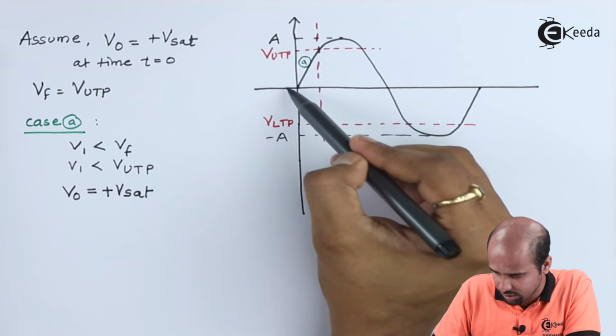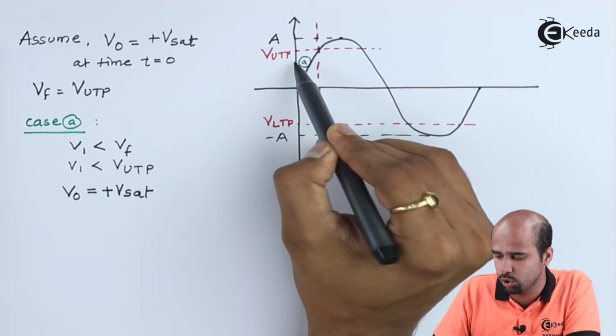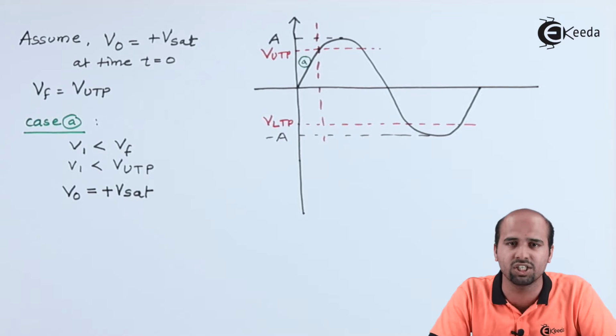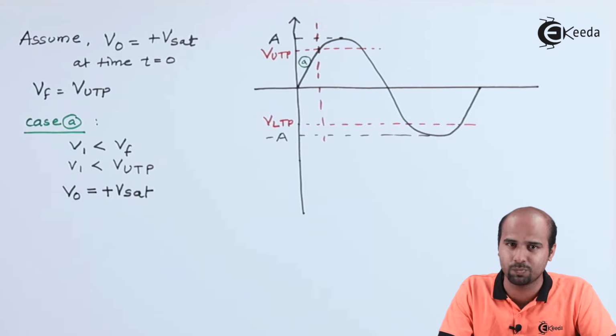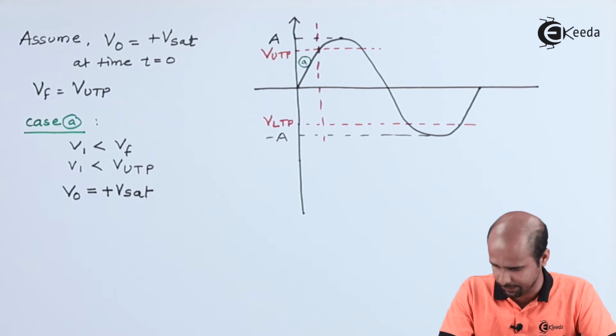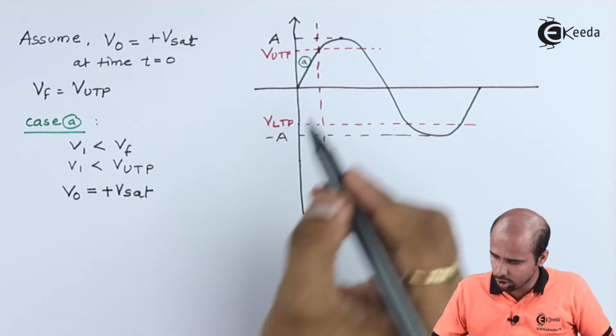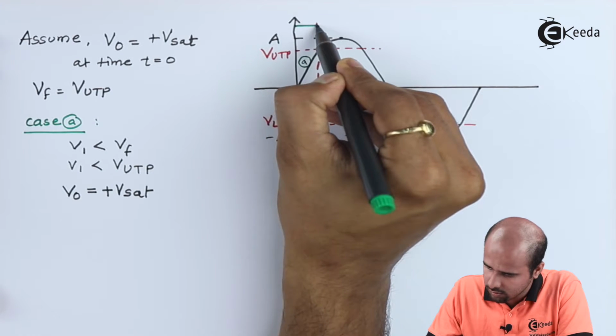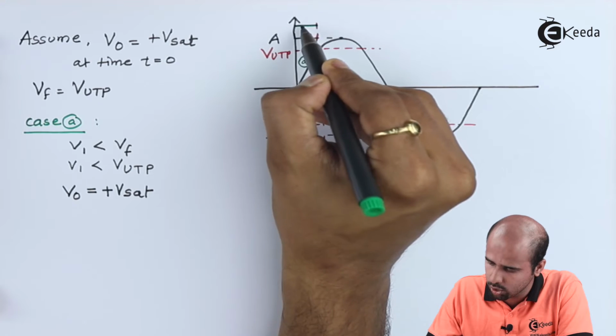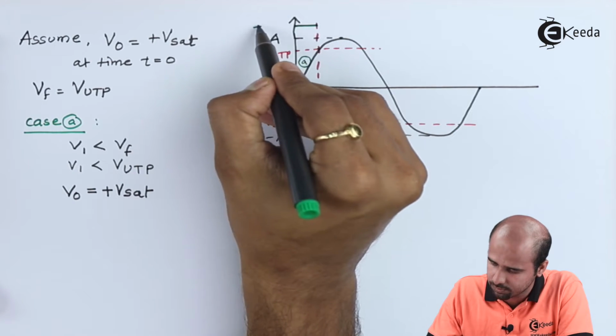In this particular region, the non-inverting terminal voltage is dominating, so your value of VO will be as it is, plus VSAT. So we will draw this in this region: output voltage VO is plus VSAT.